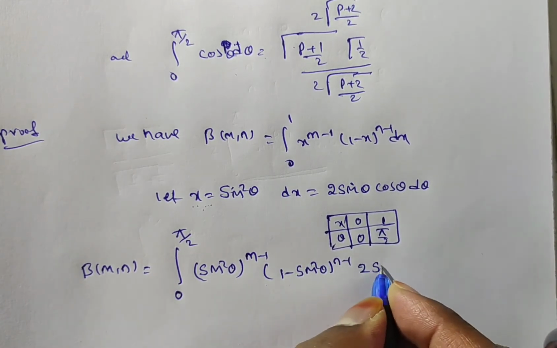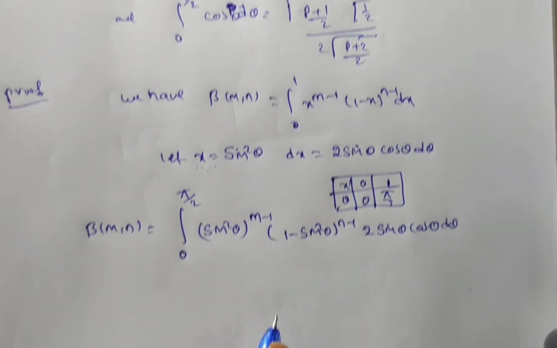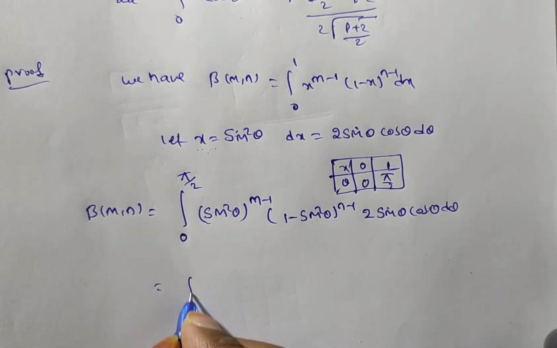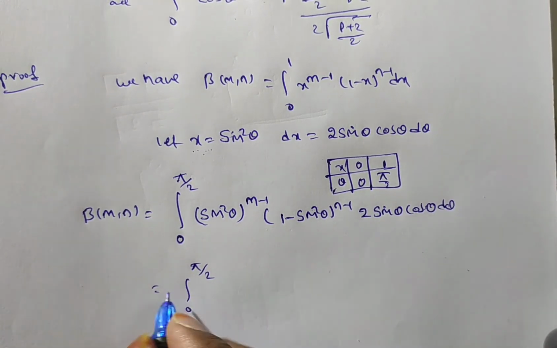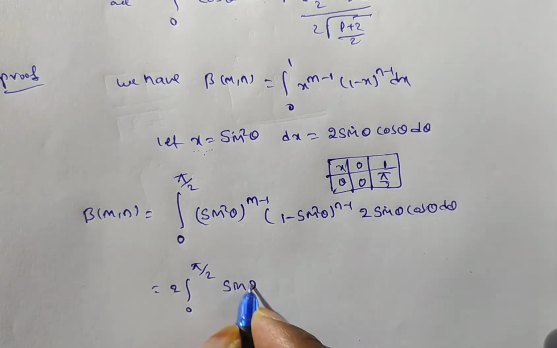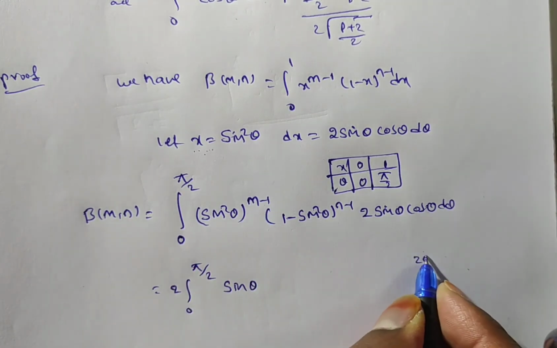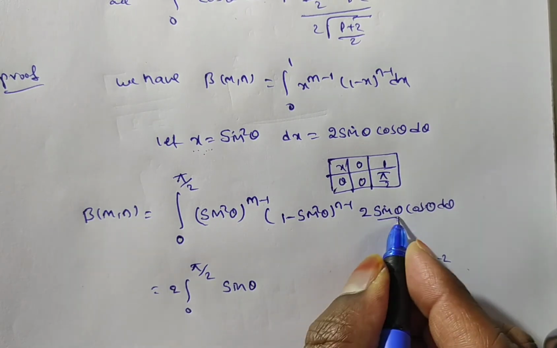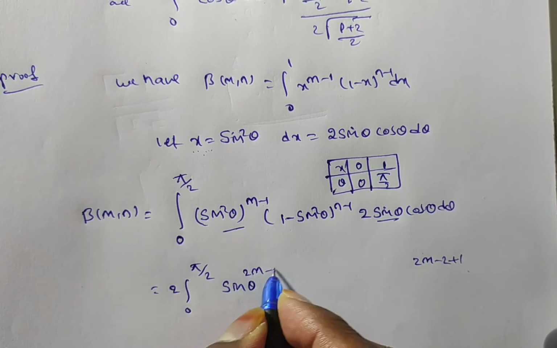You have 2 sine theta cos theta d theta. Here you have 2, take it outside. Then sine square theta whole power m minus 1, so 2m minus 2, and already you have plus 1 outside, so 2m minus 1.